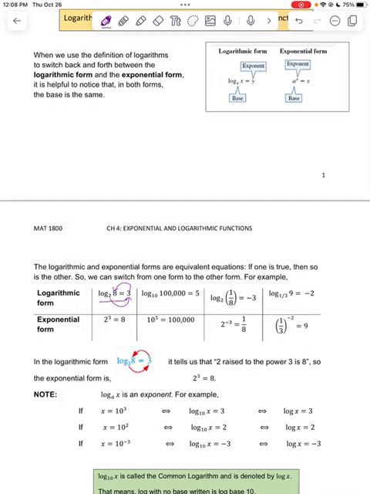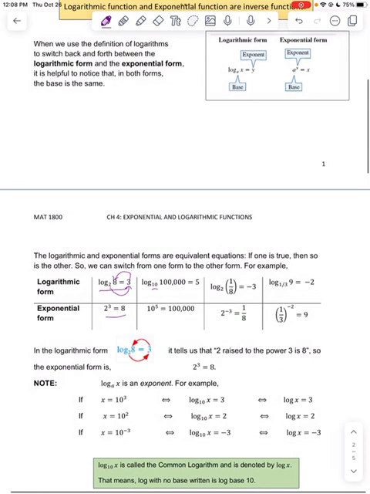This is the pattern you should learn. So 2 to the third is equal to 8. The next one, log base 10 of 100,000 is equal to 5. The exponential form will be 10 raised to 5 is equal to 100,000, which is true.